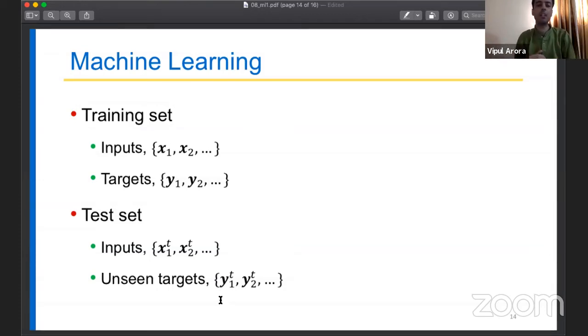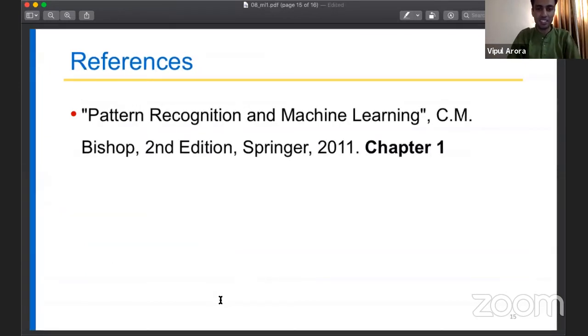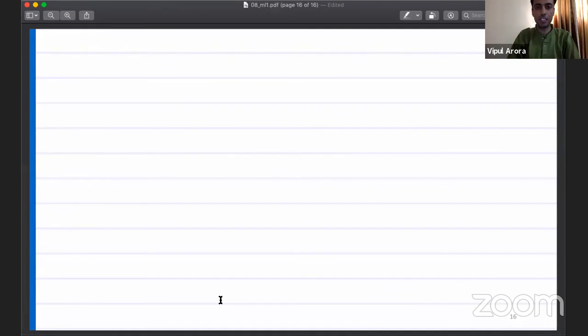The teacher compares your estimated answer with the actual answer, called the ground truth. If they match, you get marks. If they don't match, you don't get any marks, or you may get negative marks in some cases. Okay, so that's the philosophy of machine learning.